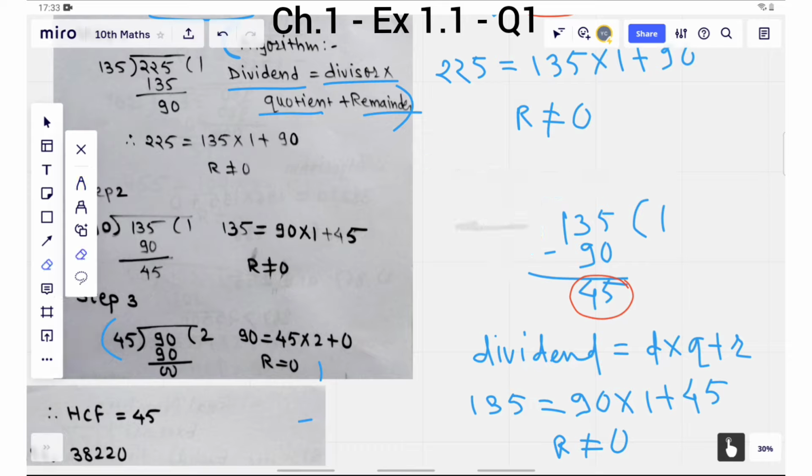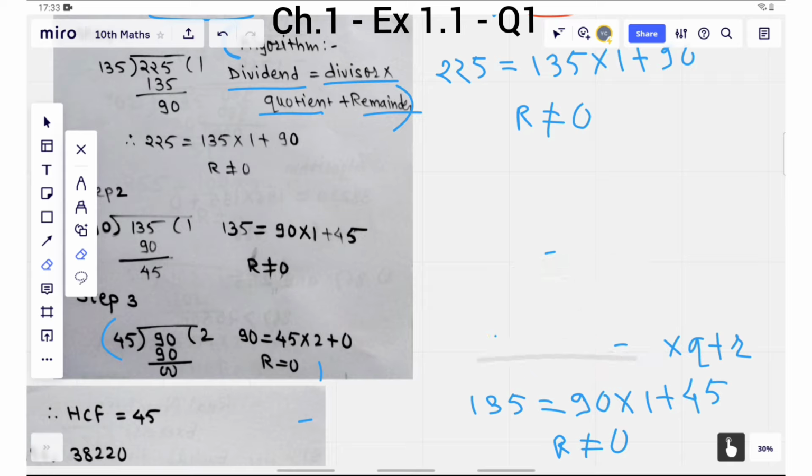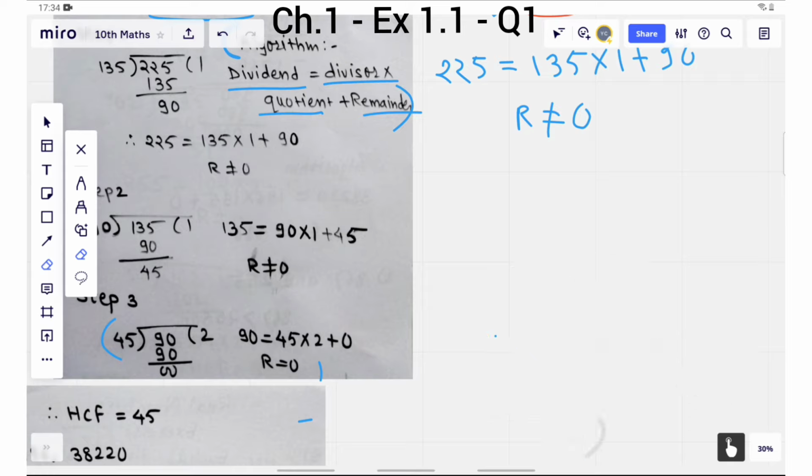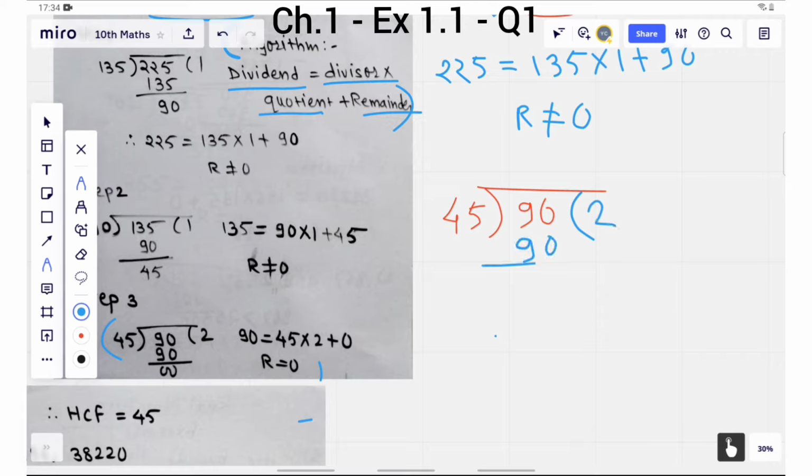I will rub this and we will do that step here only. See here, I will divide 90 by 45. Okay, so 45 2s are 90, and here the remainder is 0.